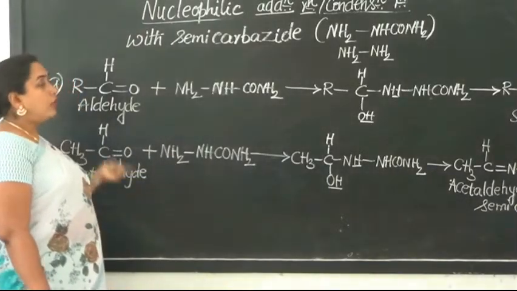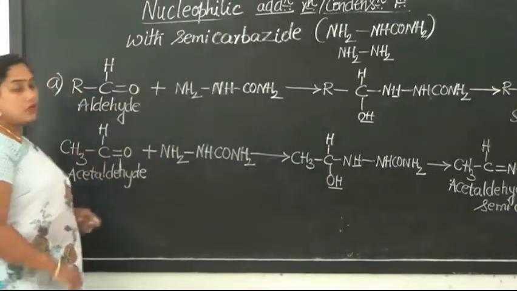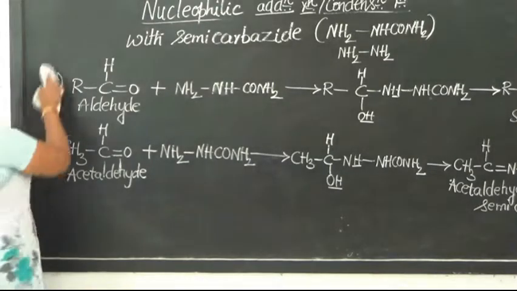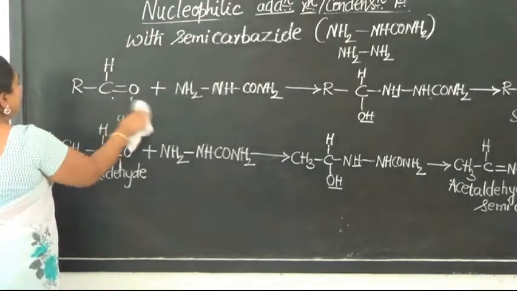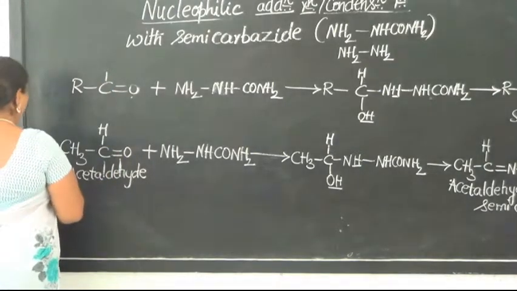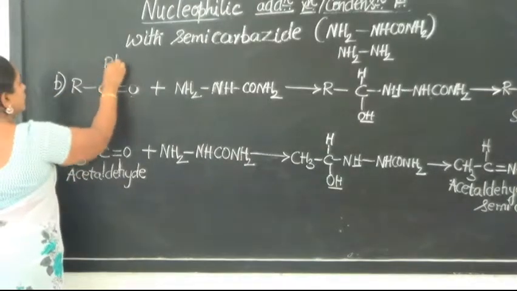Now, let us see how a ketone reacts with semicarbazide. A ketone also reacts with semicarbazide in the same fashion as the aldehyde. So, we will do the necessary change for this general reaction. We are learning the second type, that is with a ketone.